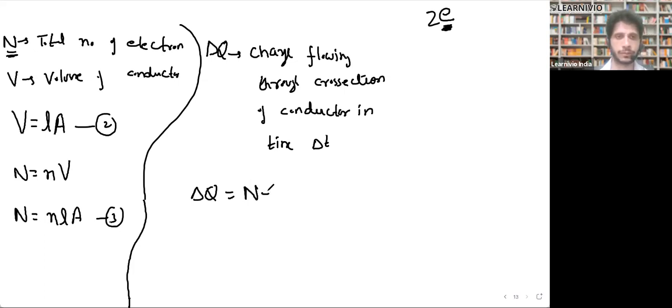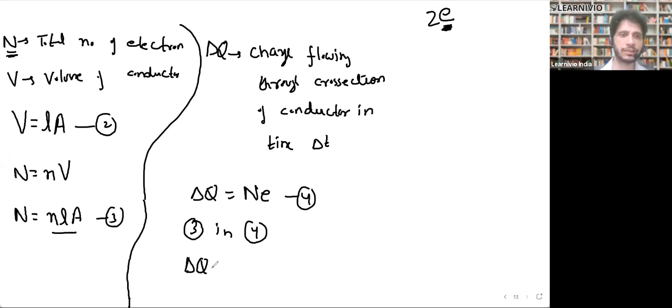Ne. And how much is N? N is nLA. So you can write 3 and 4. When you write 3 and 4, then you get charge is nLAe. That's equation number 5. So this is the charge that's flowing from one end of the conductor to the other end.